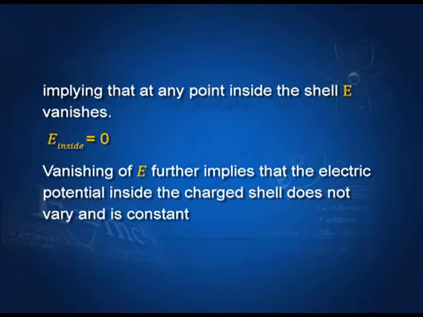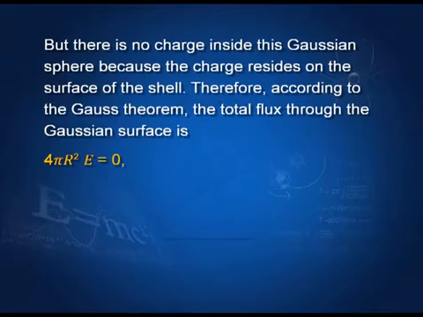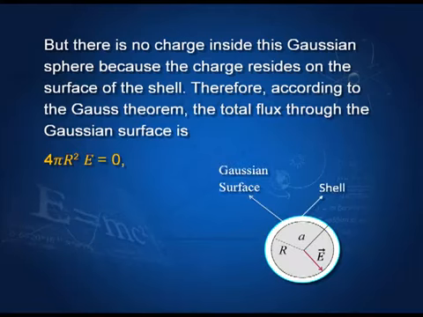Now, for a point inside the shell, we draw the Gaussian surface inside the shell, but there is no charge inside this Gaussian sphere, because the charge resides on the shell. So, 4 pi r squared E would be equal to 0, where r is the radius of this Gaussian surface drawn inside the shell.